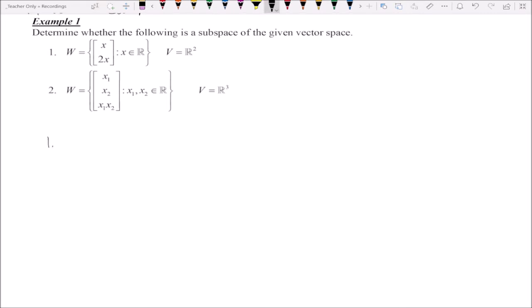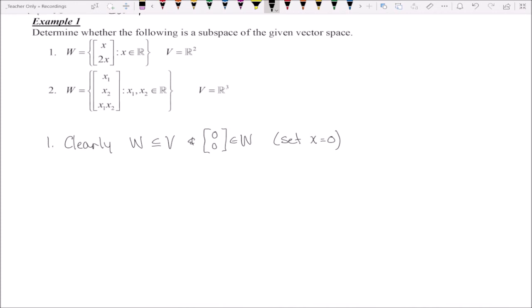So first, clearly W is a subset of V. Right? It is a 2-vector. And clearly it is non-empty. Right? The additive identity is in W. This is easy to show by just saying, well, let x be 0.